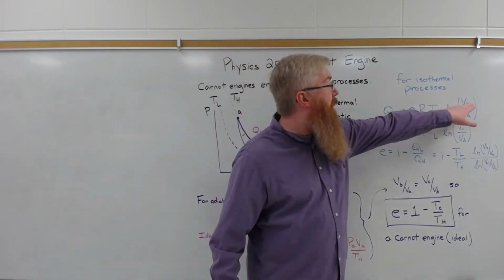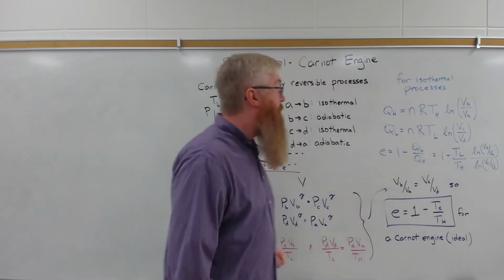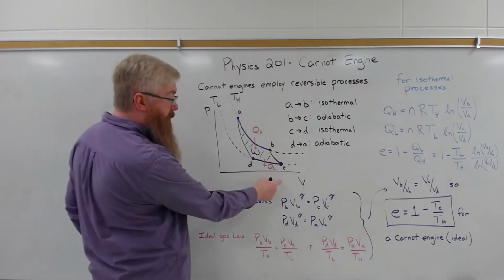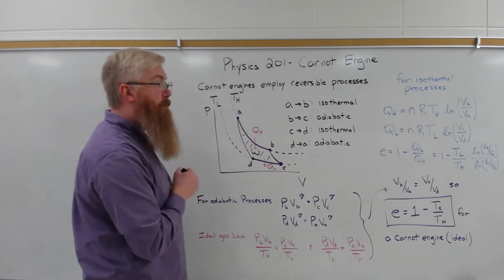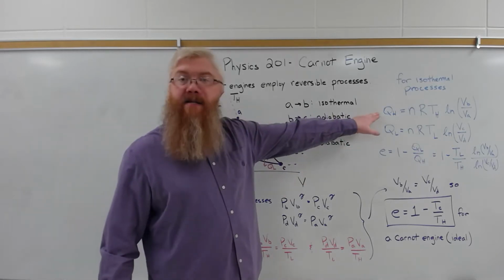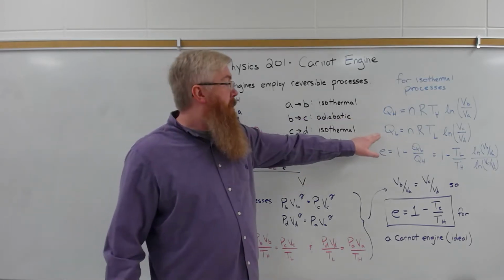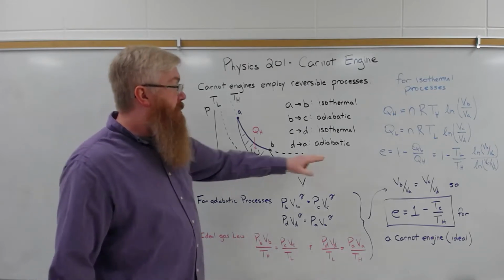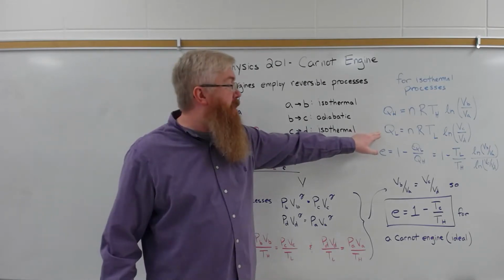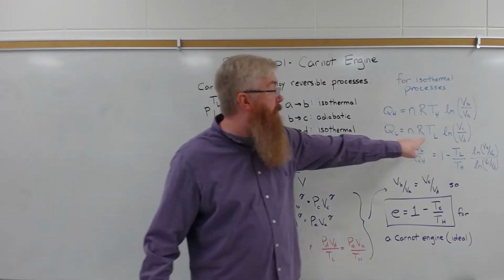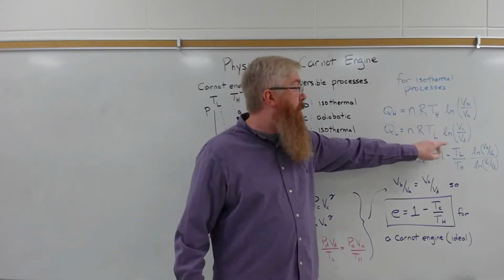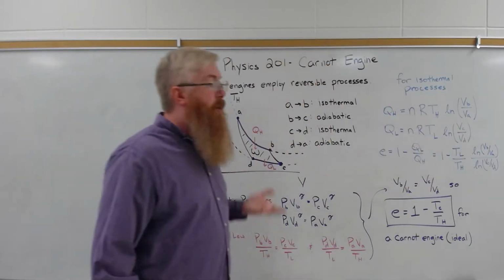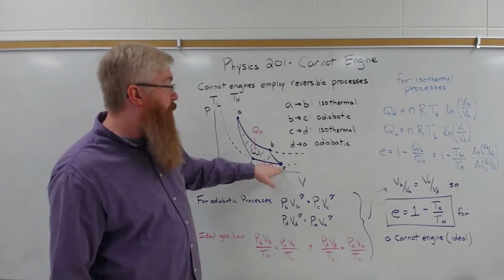Times the natural log of the volume at point B divided by the volume at point A. You can see the volume at B is greater than the volume at A. So that's the heat added to the system. For this lower isothermal process, the heat leaving the system, it's the same equation, except now the temperature is that of the low reservoir, and the natural log is of points C and D.